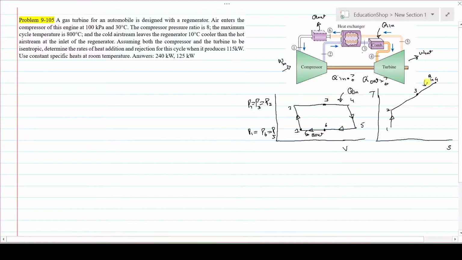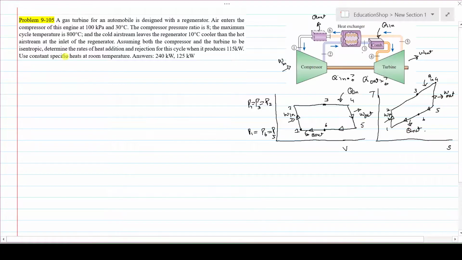Here is Q in, then isentropic expansion in the turbine gives you the work output. In the compressor, work input is required to run it. Here the expansion in the turbine occurs, this is work out. Then again heat exchange at constant pressure, that is 5 to 6, and finally 6 to 1 is heat rejection to the environment at constant pressure, that is Q out.